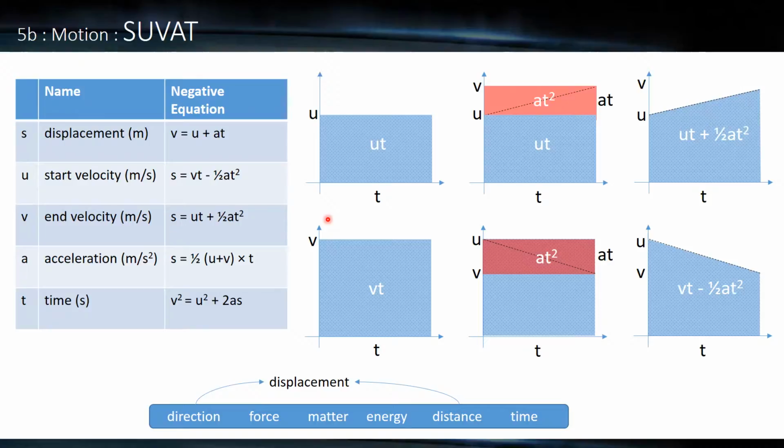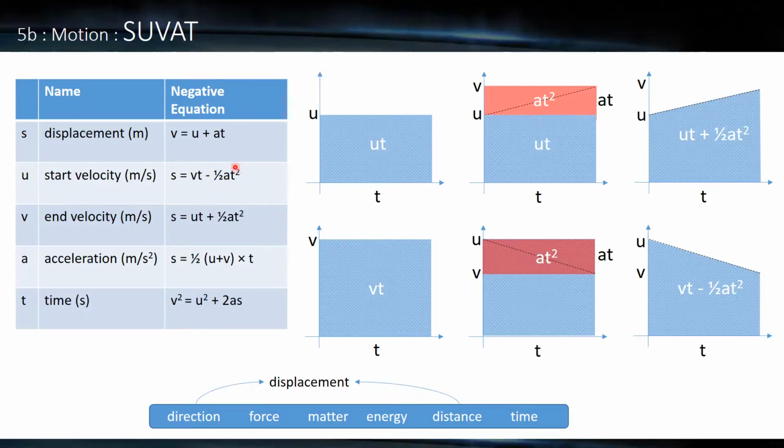Higher V, we'd go further, longer, more T, we'd also travel further, and we'd have a bigger area here. Now, in this case, we've got decreasing velocity, so U there is higher than the V, so At is still the loss in our velocity. So here we are, that would be our start, and we're subtracting something.